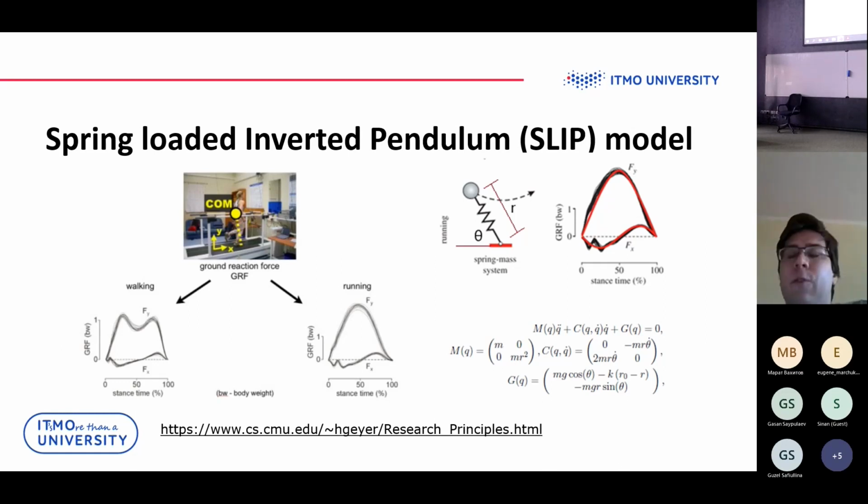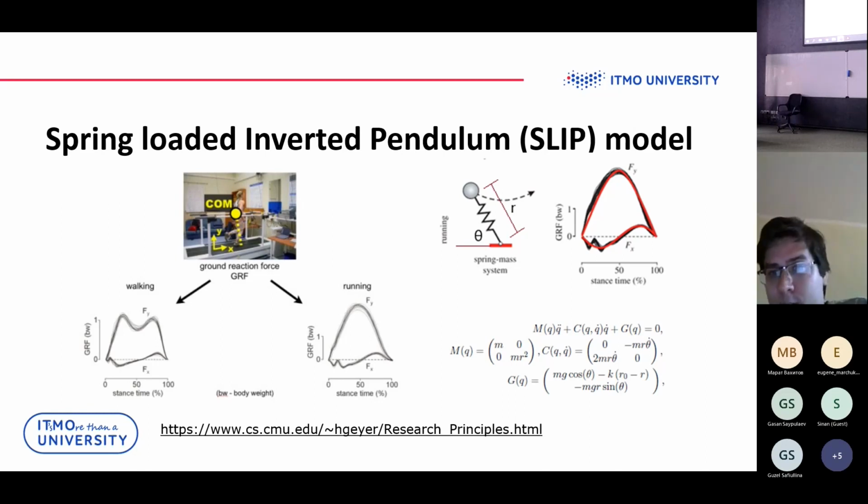They have the form shown in the top right picture. There are two lines, a black one and a red one. The black line presents the measurement of the real ground forces of the person, and the red one is the SLIP model forces.